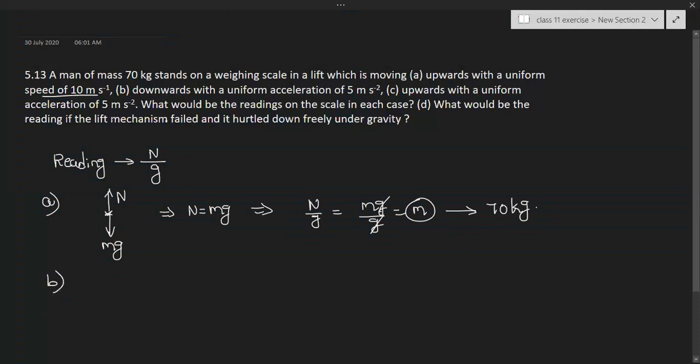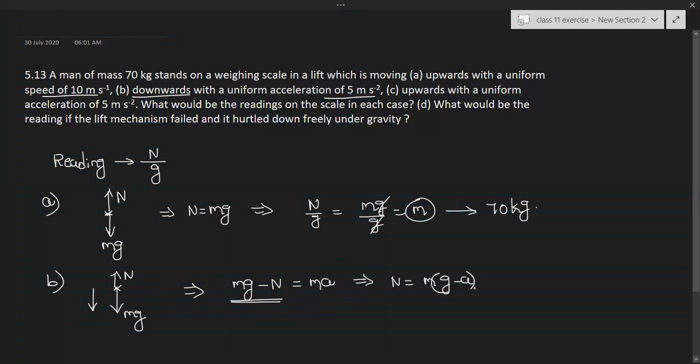Coming to the second case. In the second case, the lift is going downwards with a uniform acceleration of 5 meter per second square. Now, his weight is always in the downward direction and the normal reaction is always in the upward direction. It is going downward, so the net force is in the downward direction. That net force equals mg minus N. As per Newton's second law, net force is equal to mass into acceleration. So that implies N equals m into (g minus a), which is 70 into (g minus a).